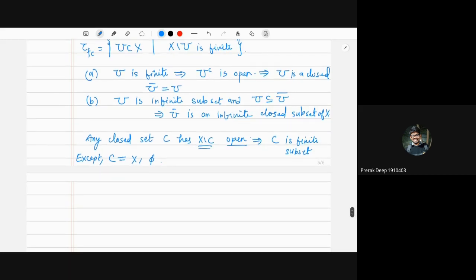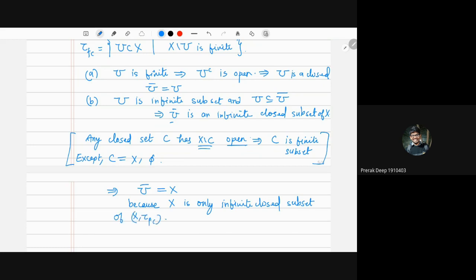So because U closure is an infinite closed subset of X, since it contains U, which is an infinite set, U closure has to be X itself, because X is the only infinite closed subset of X with the finite complement topology.